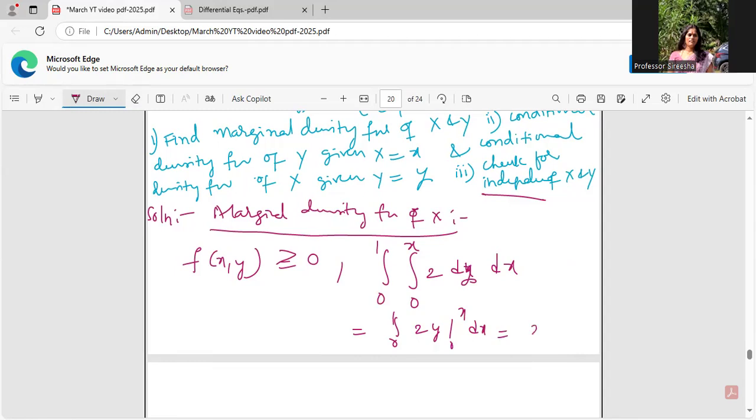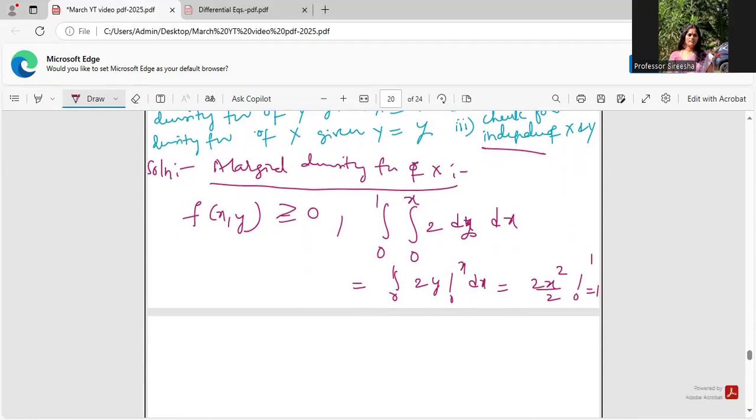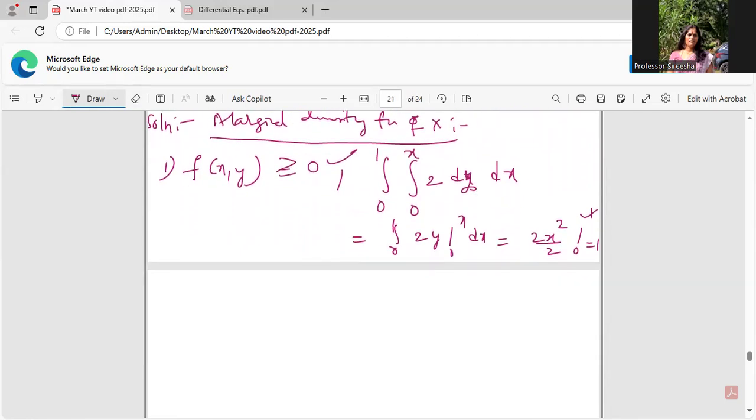So it becomes 2x. Integration of 2x will become 2x squared by 2 from the limits 0 to 1. So this value would turn out to be 1. So the axioms of probability are satisfied: f of x comma y is greater than or equal to 0 is satisfied, and the total probability is 1. That's also satisfied. Now I can go with finding out marginal density functions of x and y.